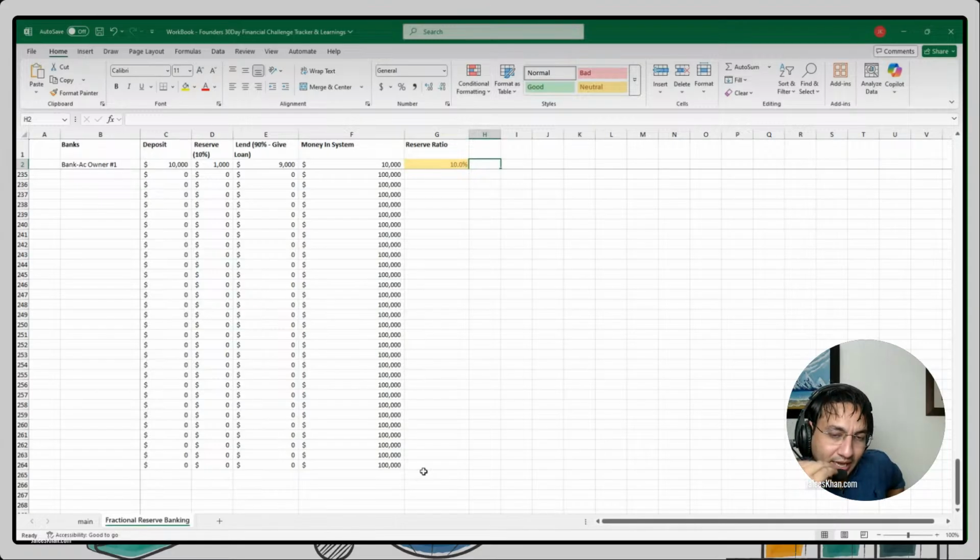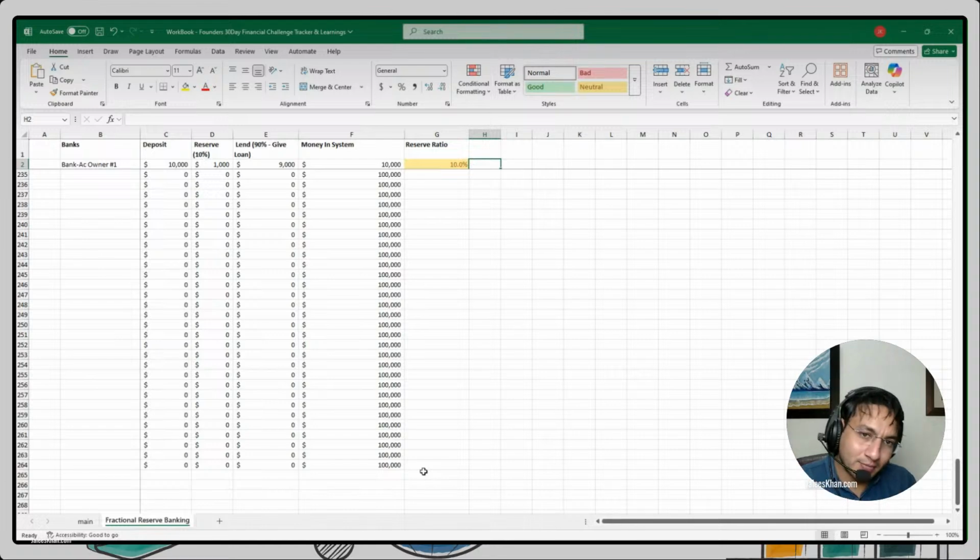So there is a cap on the maximum amount that can be generated by each deposit. There has to be a cap on the money supply, otherwise money is going to lose its value.